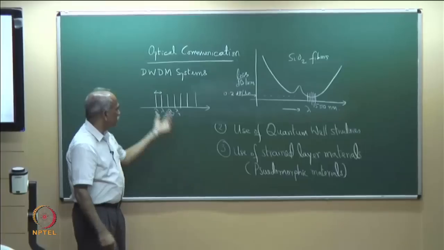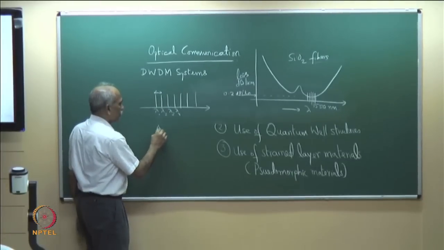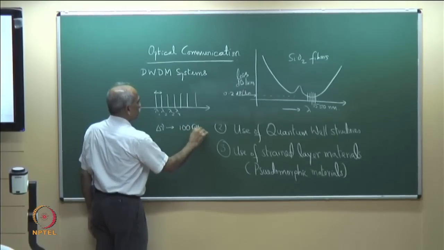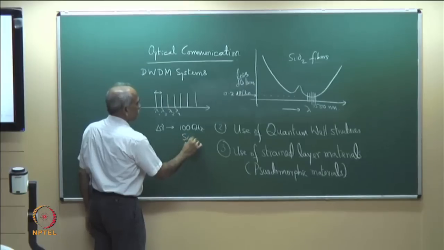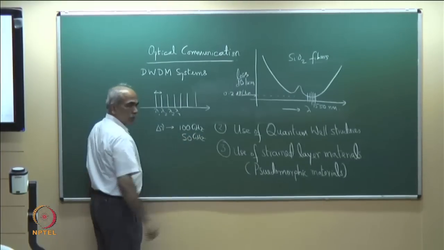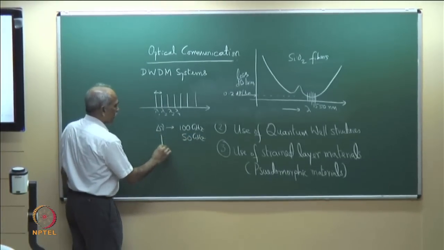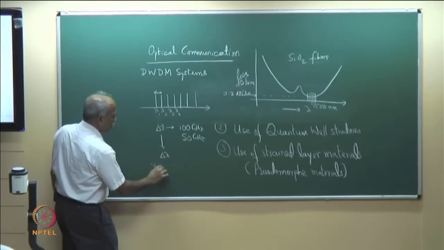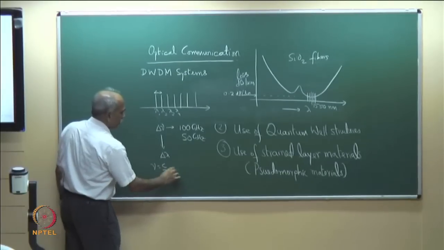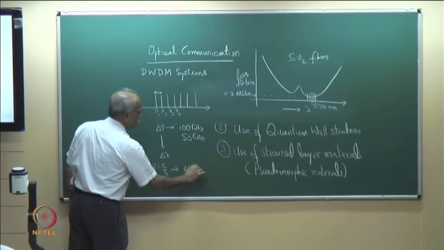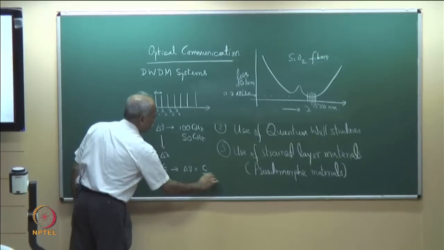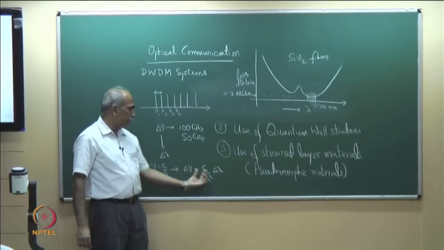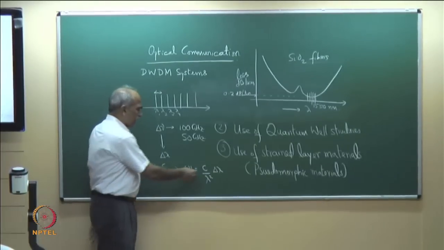In communication technology, the channel separation delta nu is, in the standard ones, 100 gigahertz or 50 gigahertz. Corresponding to delta nu, you can calculate delta lambda, because nu is equal to c by lambda. Therefore, delta nu is equal to c divided by lambda square into delta lambda. So, around the 1550 window, for every delta nu you can find delta lambda, with a negative sign of course.